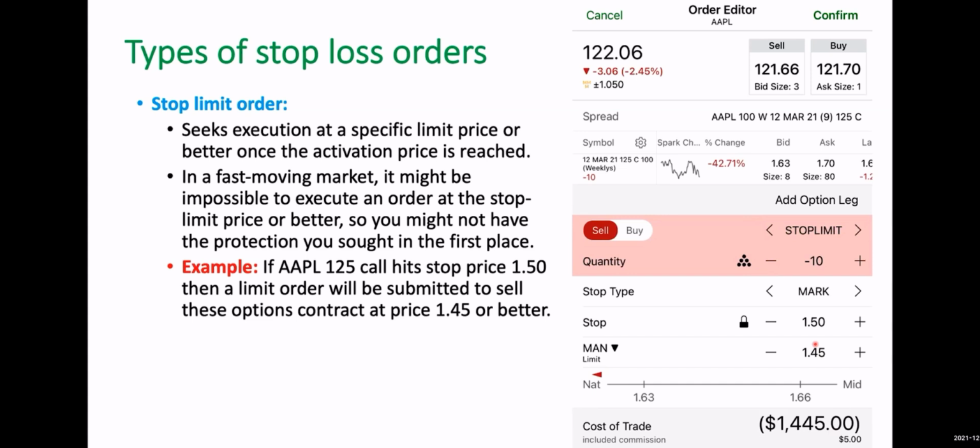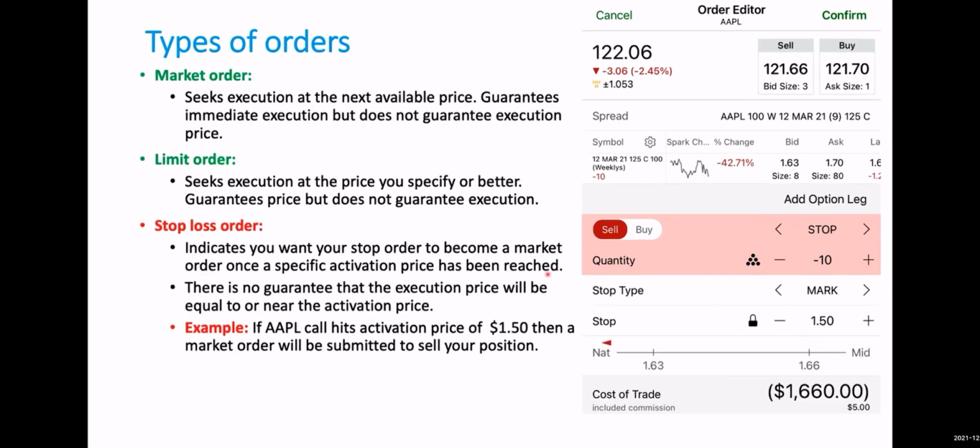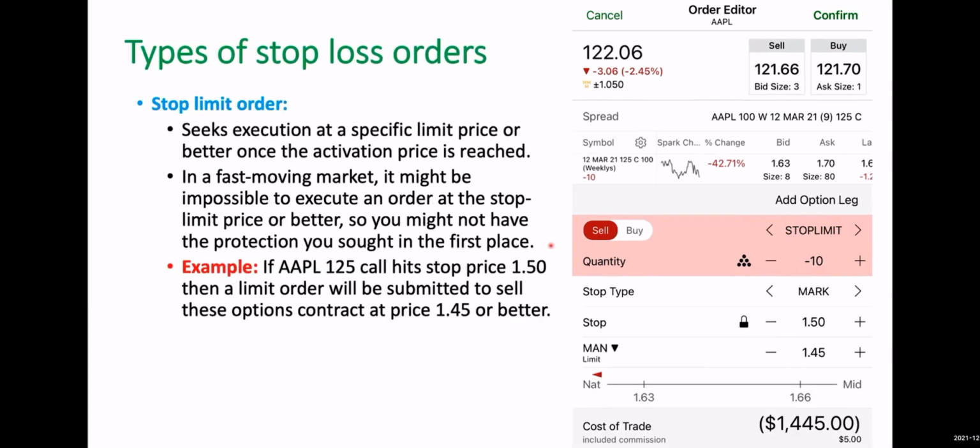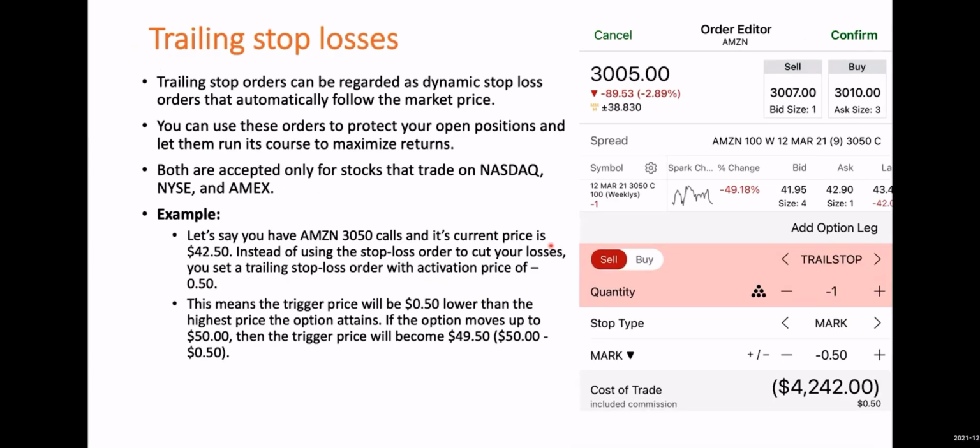So you may not get the protection you sought. That's why this is a little risky, but with the stop order, you get out, period. At least you can sleep well knowing that your stop will protect you. And next is the trailing stop loss order.